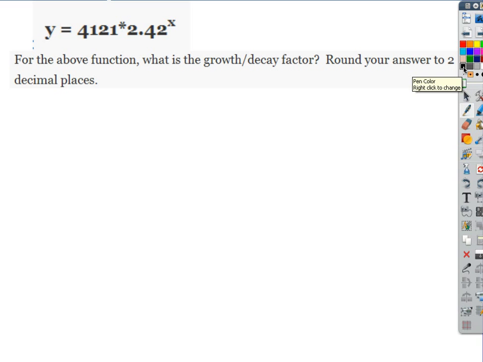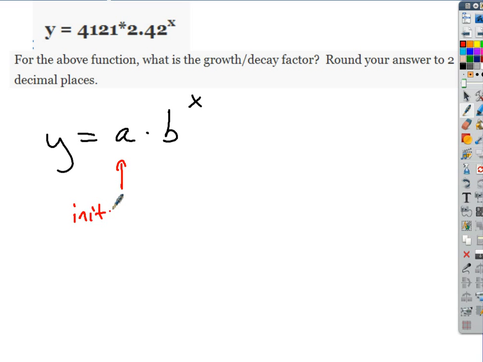So, exponential growth and decay. Now, the general equation we use, I'll use the way the book does it, is A times B to the X. Now A, this first number, is what we call the initial value. That's how much is there to begin with.